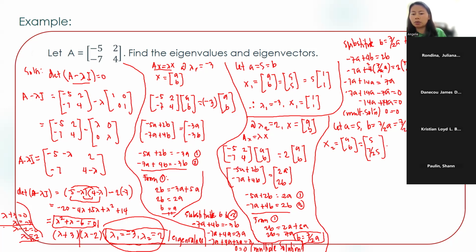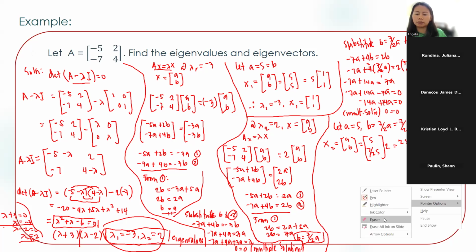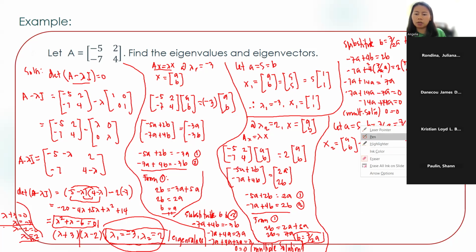Actually, we can do multiplication of scalar to simplify this. So we can get 2S and 7S. Okay?